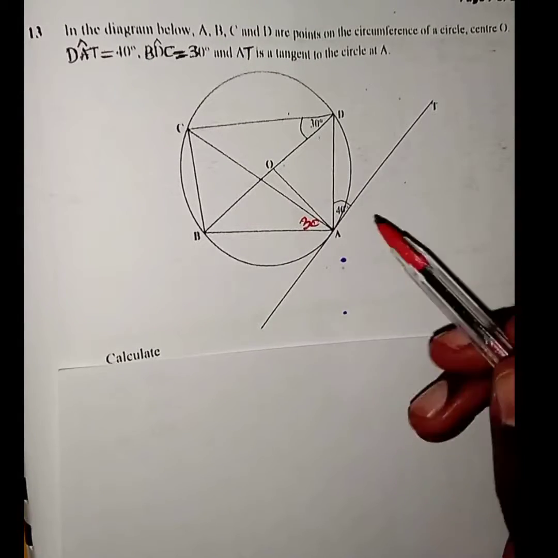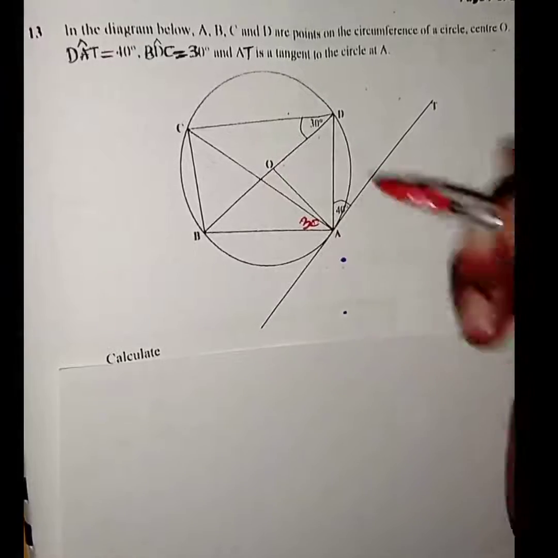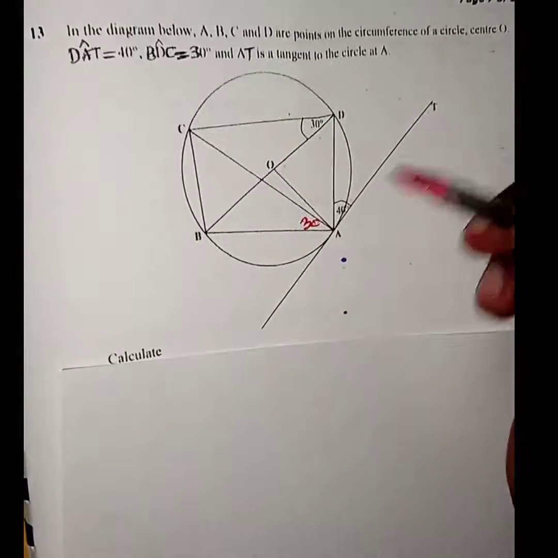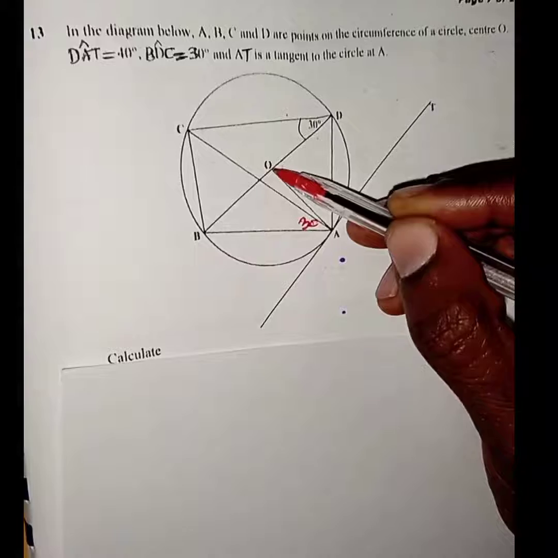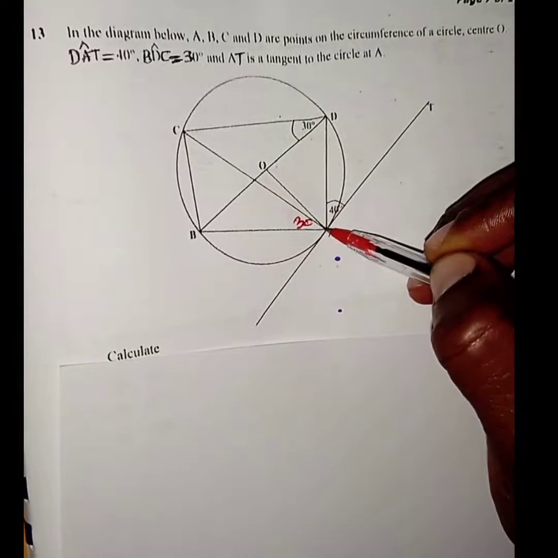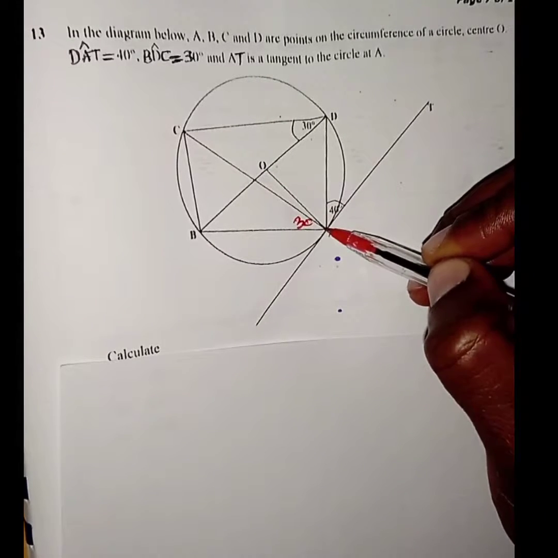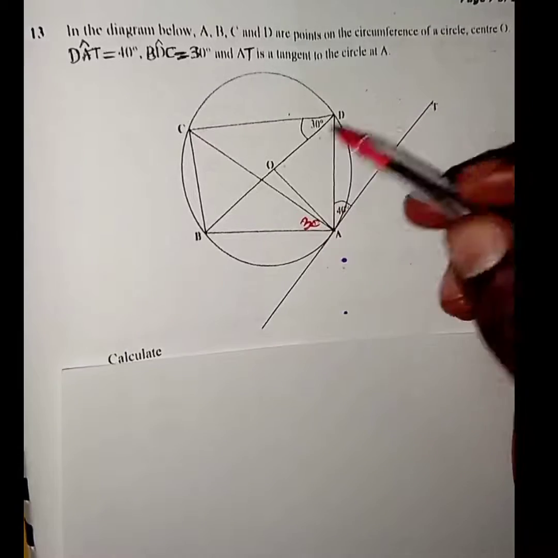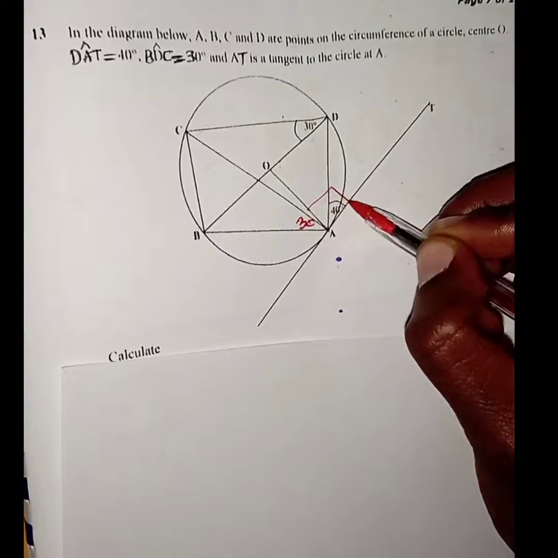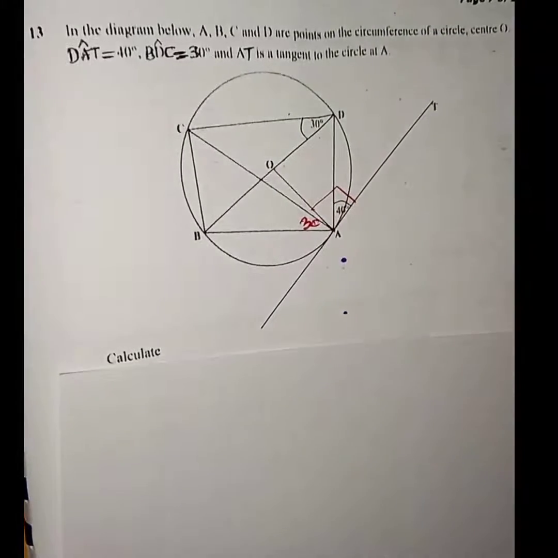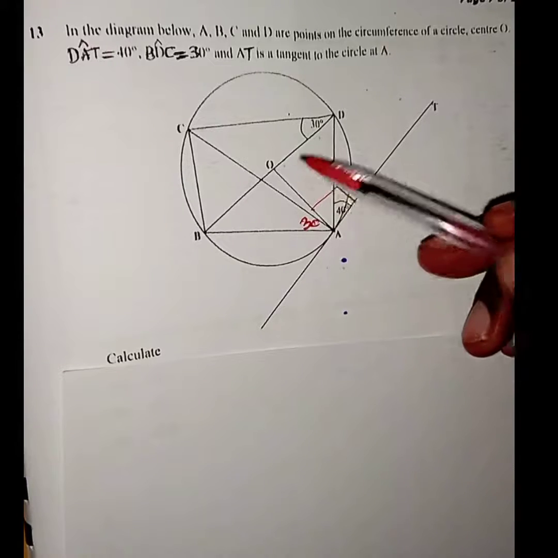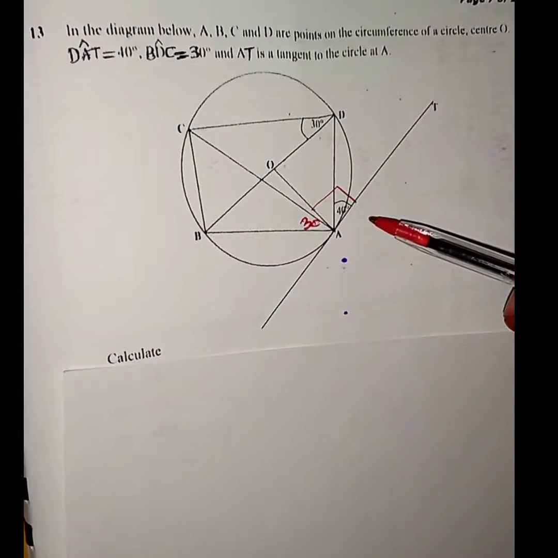Now, look at this tangent. Whenever there's a tangent and there's a line coming from the center touching it, just know that that angle is 90 degrees. They form 90 degrees at the point of contact.